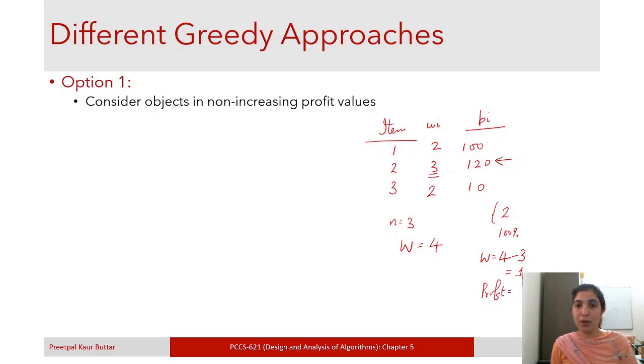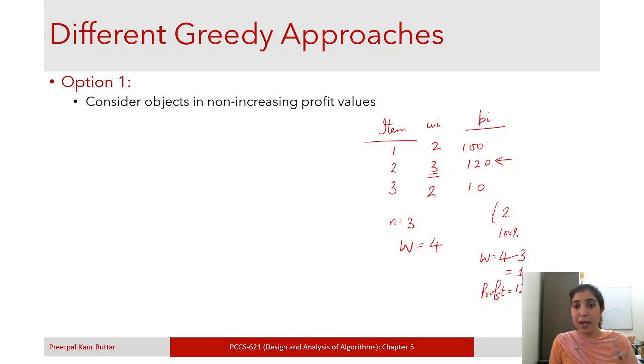And the profit it gives, because we are picking 100%, will be 100% of the profit, right? So 120 will be the profit which we will earn. And now we are left with weight 1. Is there any item which we can now put inside the knapsack 100%?